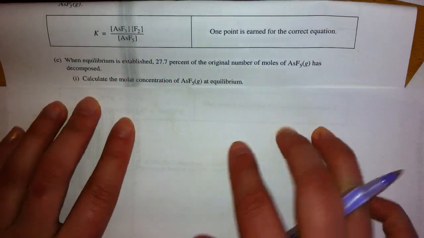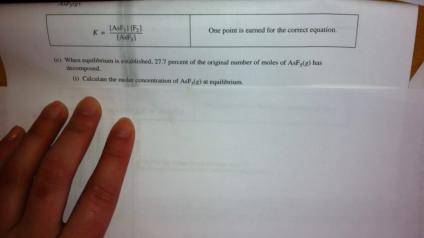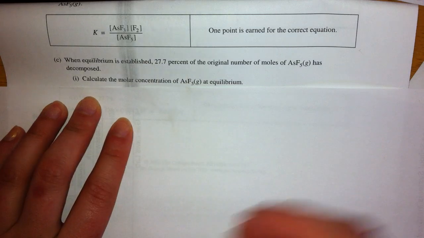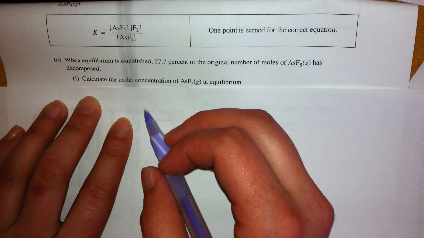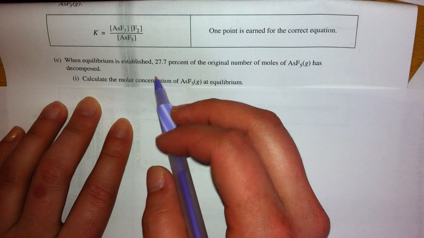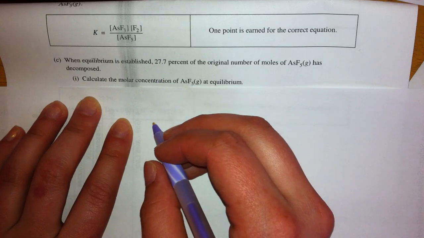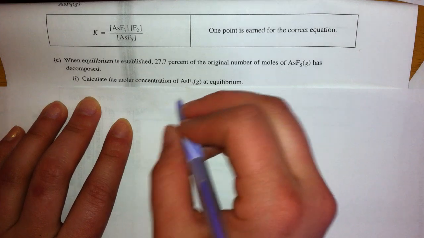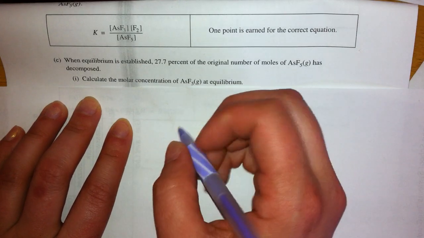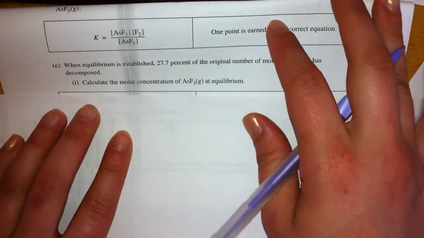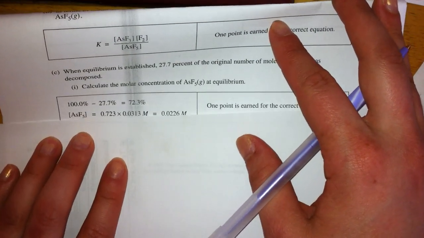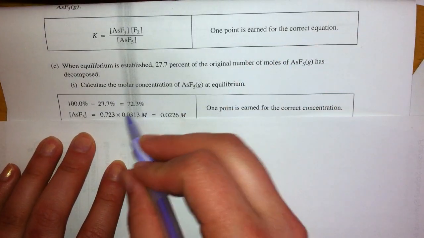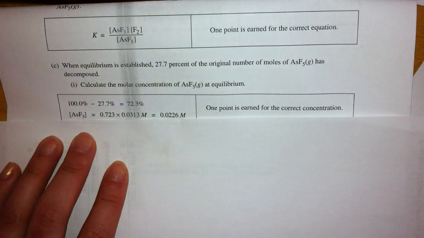So this part's a little bit confusing because we have to take the moles that we started with and then figure out how much of that is left. So if we lost 27%, then we're going to have about 72% left. So we'll take 0.72 times the initial molarity to find the new equilibrium molarity.